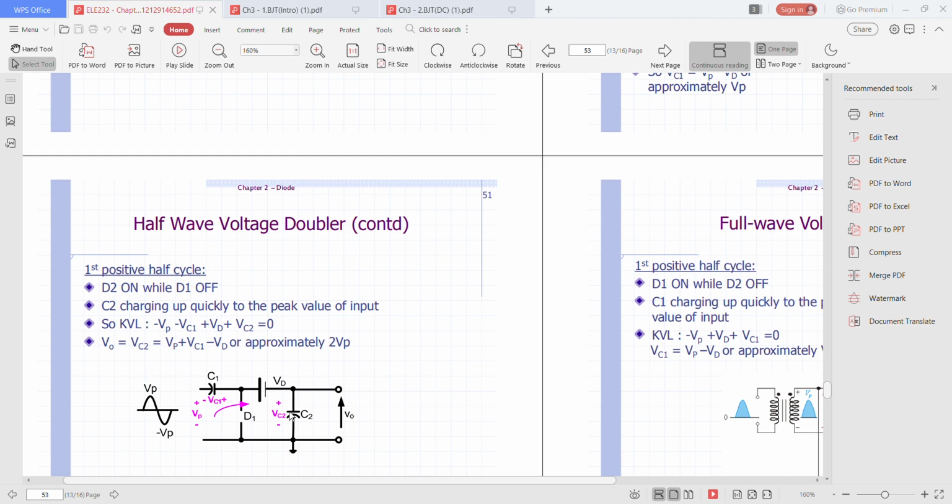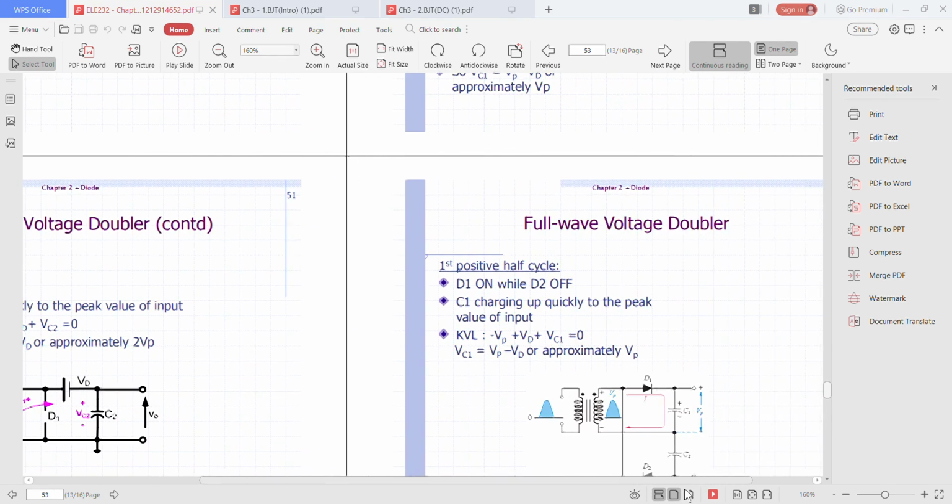Vout equals Vc2 and Vc2 is equal to Vp plus Vc1 minus Vd. Since Vc1 during the negative half cycle is equal to Vp, by substituting the value into Vc1 here, you will get 2Vp.